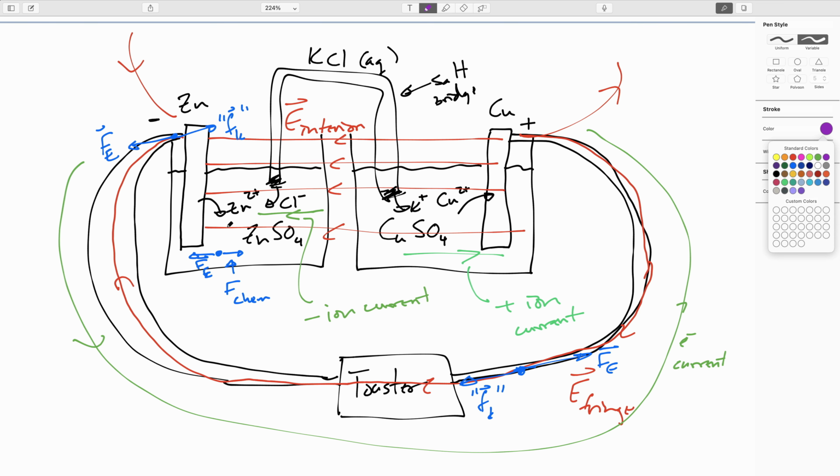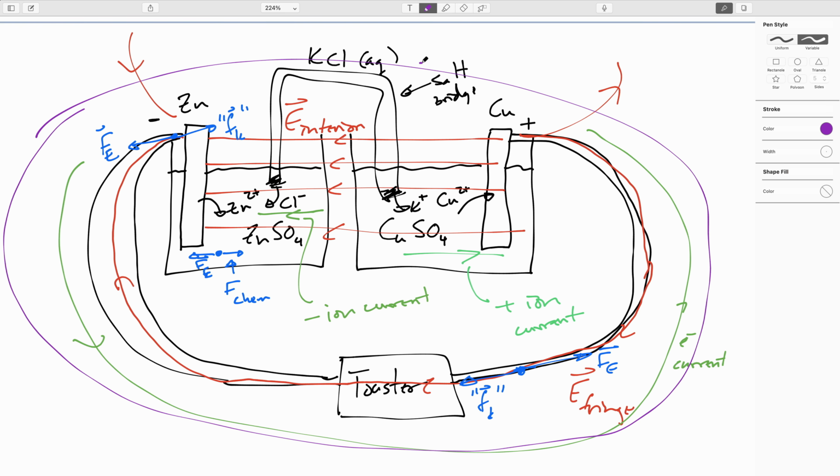The negative ions are going right to left, so the conventional current associated with the negative ion current is still also going left to right. So all of our current in the battery is going left to right. So both inside the battery and outside the battery, our conventional current is flowing clockwise.